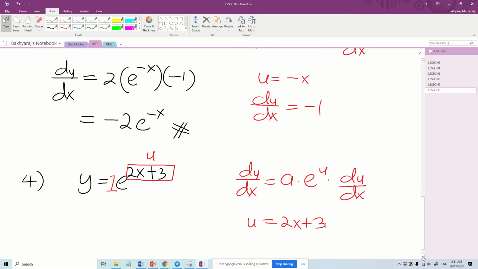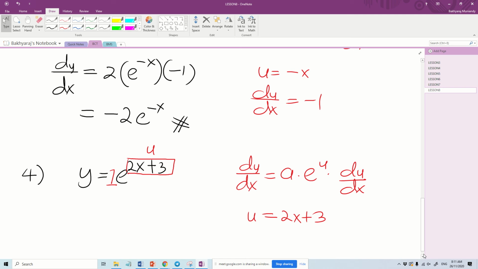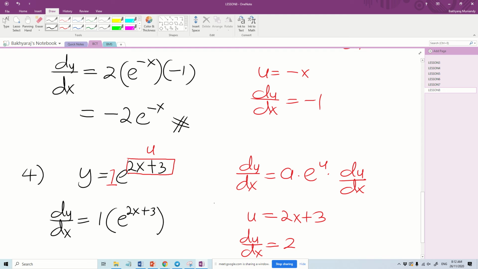So you need to find du/dx first. Yes, correct, 2. Very good. If it's 2, then you can go for the answer already. dy/dx will be equal to 1 times exponent 2x plus 3, times 2.